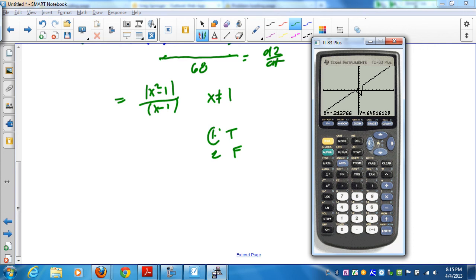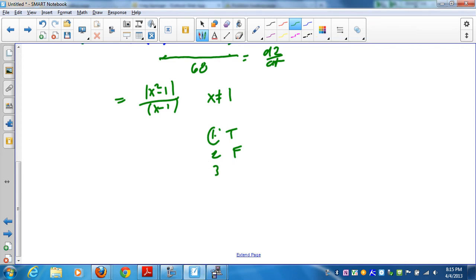Zoom in on that -1 a little bit. And trace it so we can make sure we're at the right spot. At -1, certainly looks like it has a local maximum, so 3 is true. So just go through your conditional statements and figure it out.